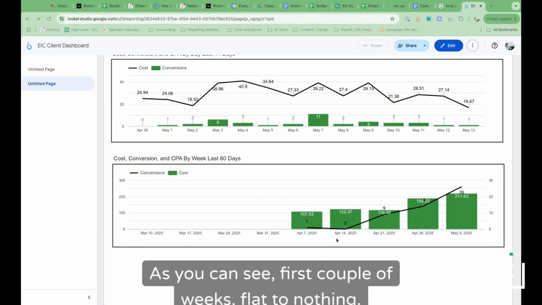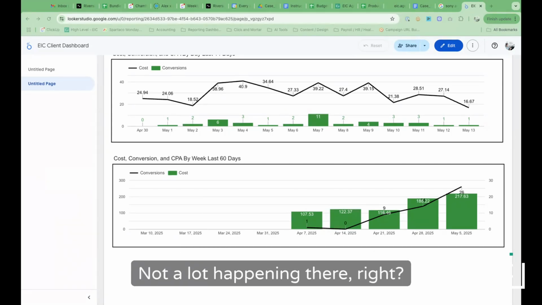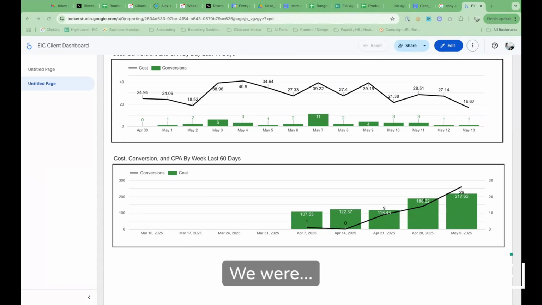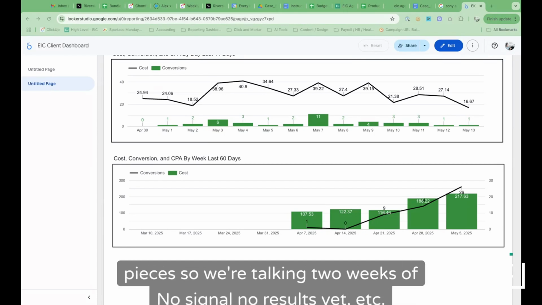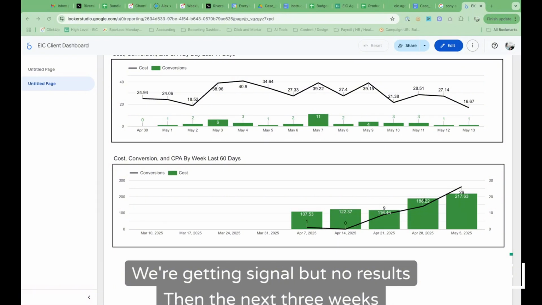As you can see, first couple weeks, flat to nothing. Not a lot happening there, right? We were finding the initial right mix of landing, messaging, creative, those pieces. So we're talking 2 weeks of no signal, no results yet. We're getting signal, but no results.